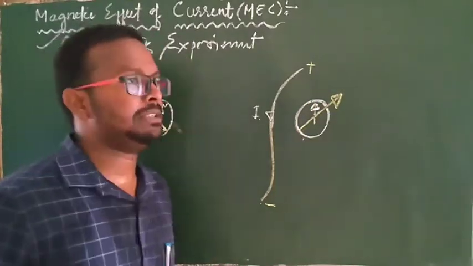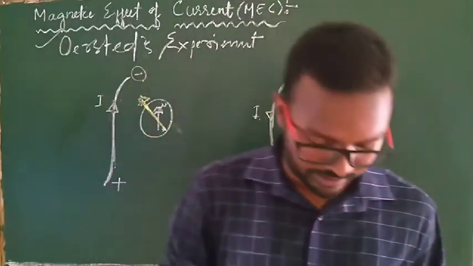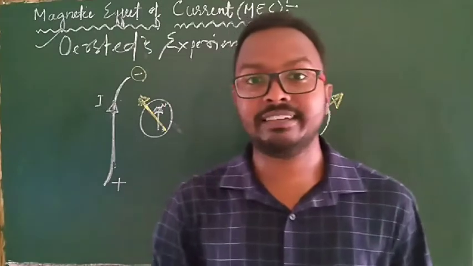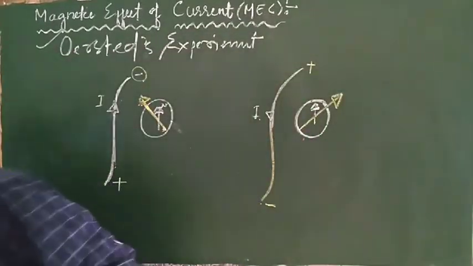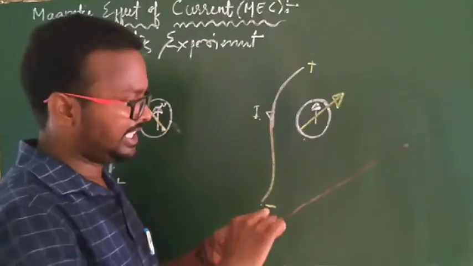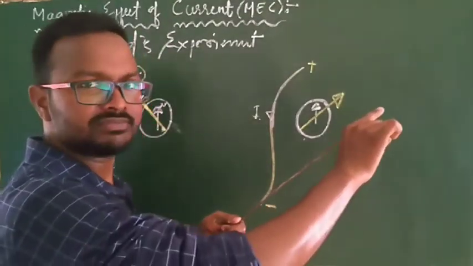So from this experiment we conclude that if there is a current carrying wire, a magnetic field develops around the wire. Suppose this is a current carrying wire and this is the flow of current. Clear?